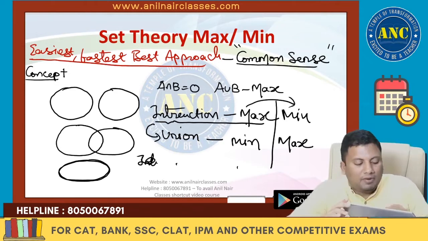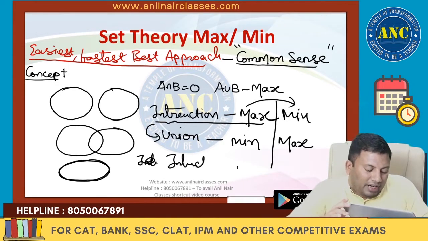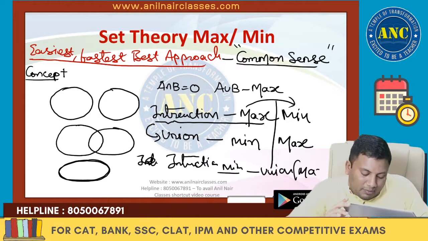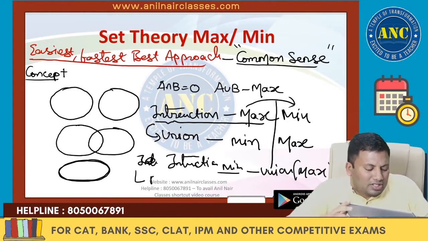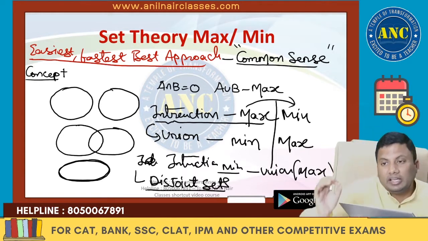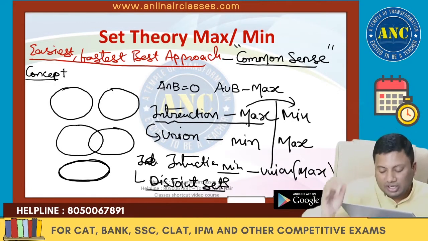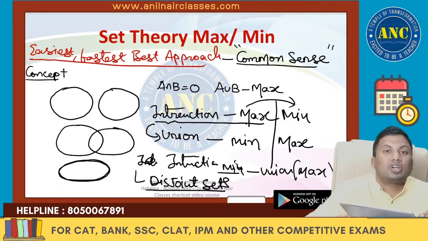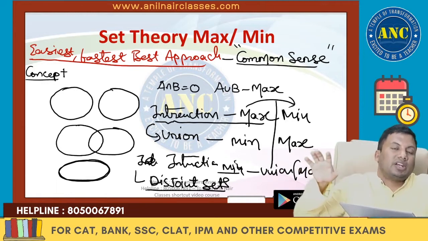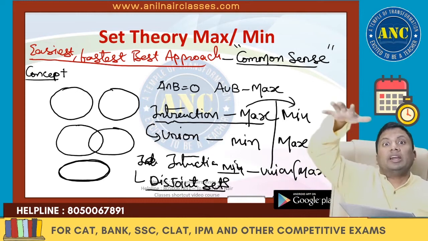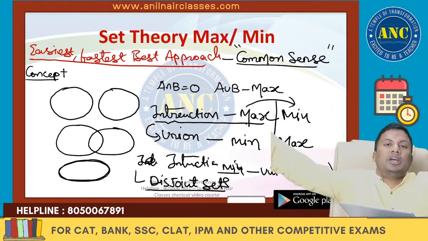Intersection minimum we require. If I want to find out the intersection minimum, the union will be maximum. When will the union be maximum? When the sets are disjoint sets. Are you all with me? Intersection is minimum when the union is maximum. When will the union be maximum?